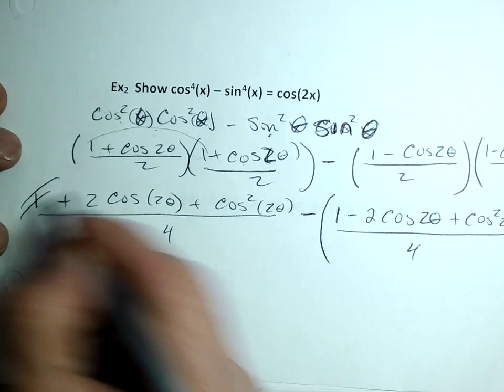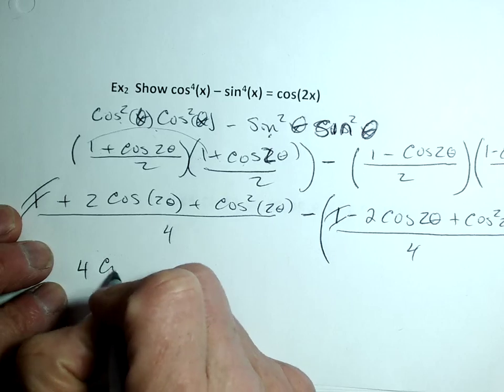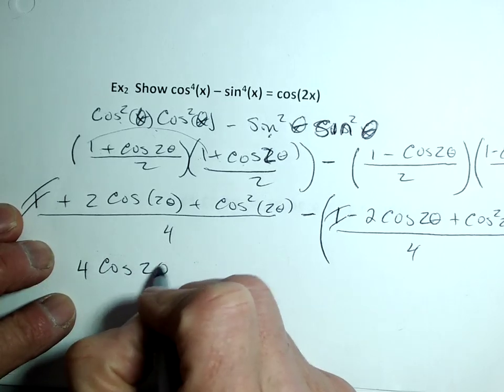Now, we have to be careful with this one because this is really going to be a 2 cosine 2 theta minus a minus, which is really plus, right? So I'm going to have 2 plus 2 makes 4 of these. You guys see 4 of them? So I'm going to have a 4 cosine of 2 theta, right?